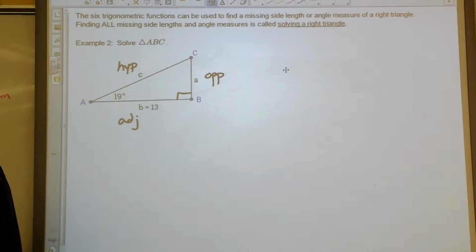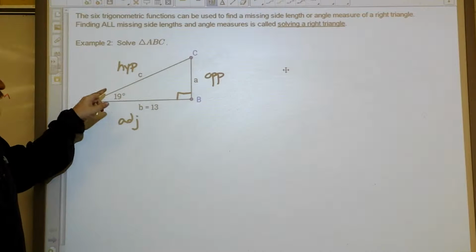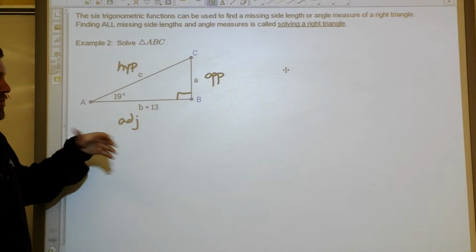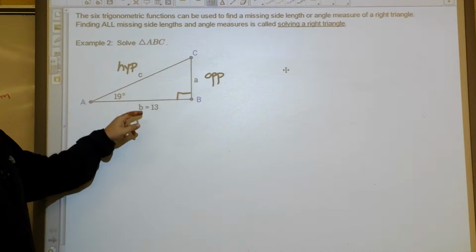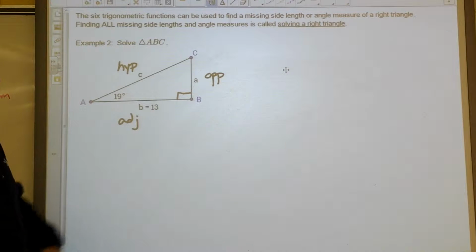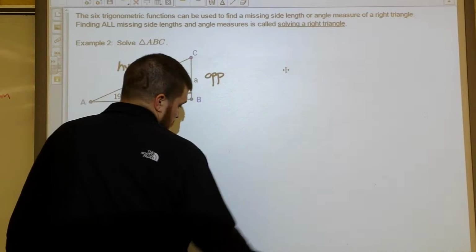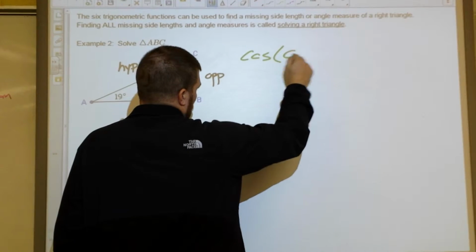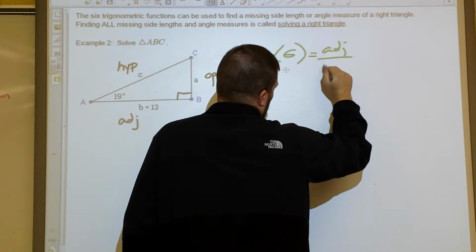So what I'm going to do is first use the information that's given to me. I'm given the angle theta, and I'm given side B, the adjacent. So I want to think about what trig ratios use adjacent. Well, the cosine is adjacent over hypotenuse. So cosine theta is adjacent over hypotenuse.